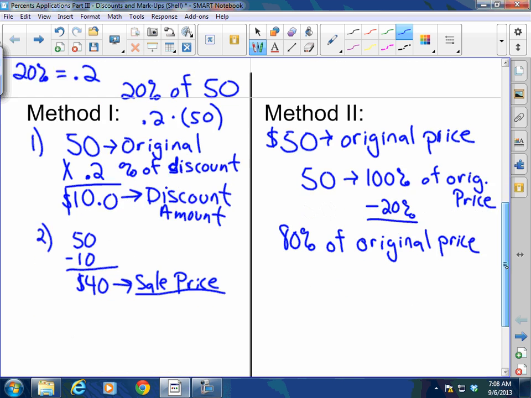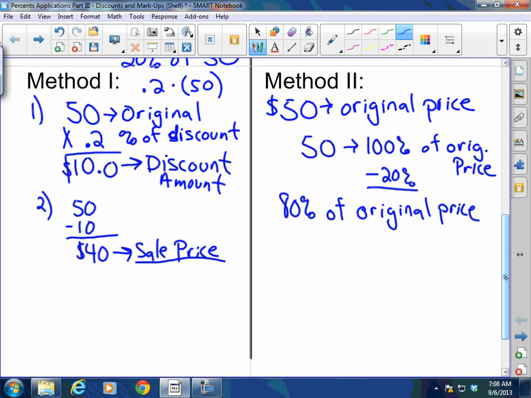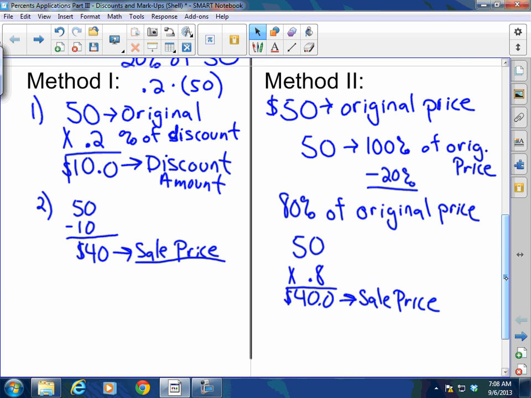Okay? So if I want to find the sale price using method 2, it's very simple. $50 times 80% of the original price is going to be, boom, $40. And that gives you the sale price. Using method 2, you don't see the discount amount, but you can figure out the discount amount very easily.